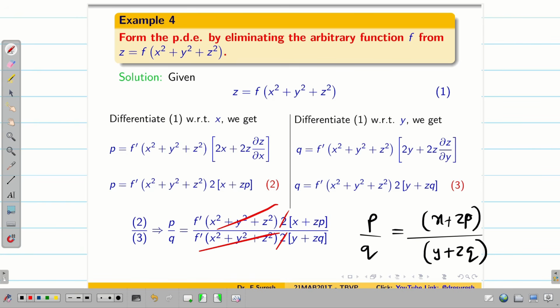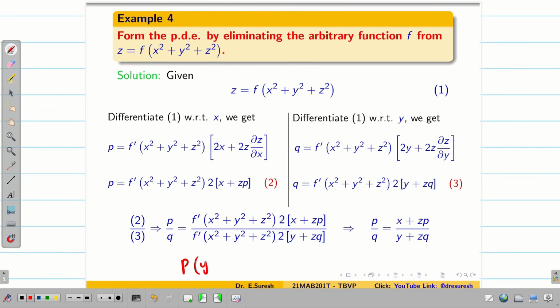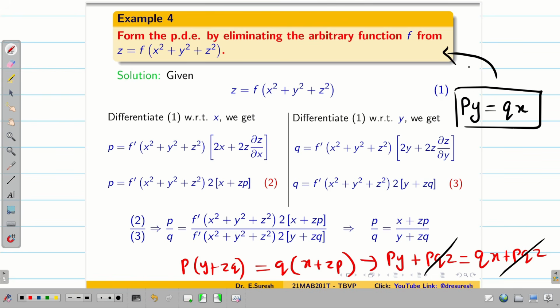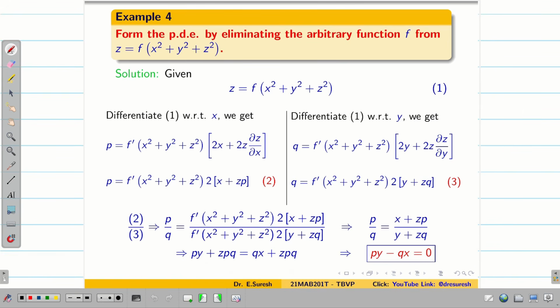Now cross multiplying, we get p into y plus zq is equal to q into x plus zp. Now simplifying this, we get py plus pqz is equal to qx plus pqz. Now I can cancel this pqz. Therefore my final solution is Py is equal to Qx. This is my PDE. Or you can write this as Py minus Qx equal to 0.